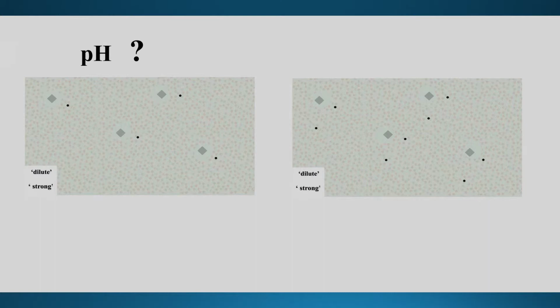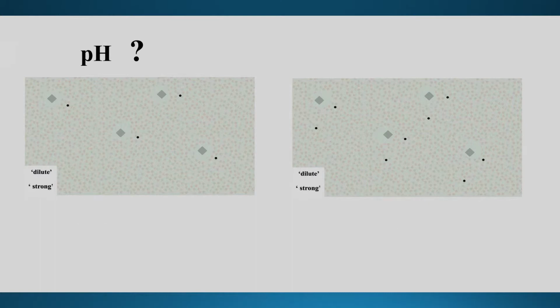But they seem to be something different. They both have 4 acid molecules. But when you count the black dots, one side you have 4 dots, but the other side, how many dots? You have 8 dots. How come they are different?